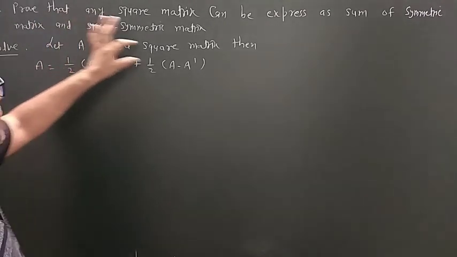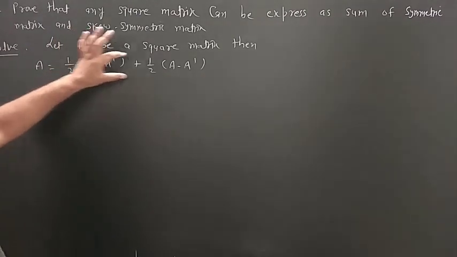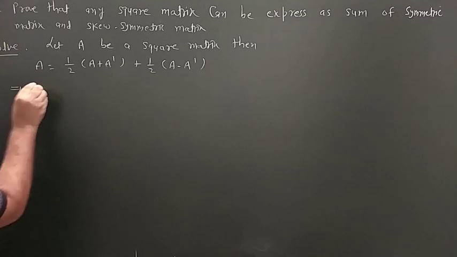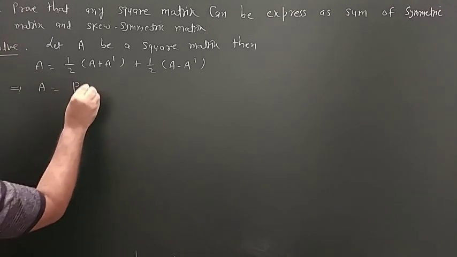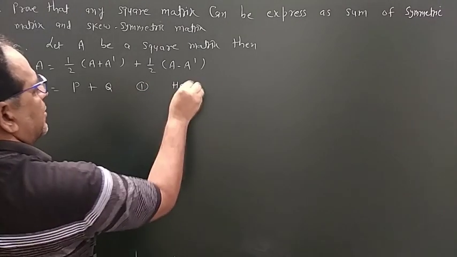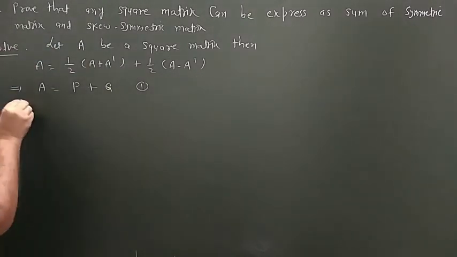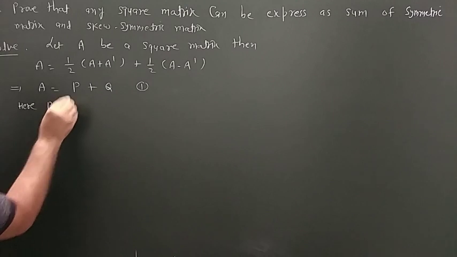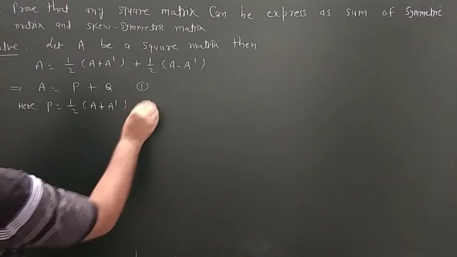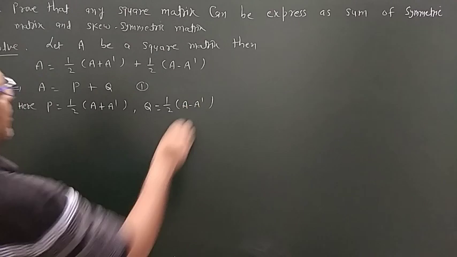So if A is a square matrix, then we can write easily A equals 1 upon 2 A plus A dash plus 1 upon 2 A minus A dash. This implies that A equals P plus Q, equation first. Here P equals 1 upon 2 A plus A dash, and Q equals 1 upon 2 A minus A dash.